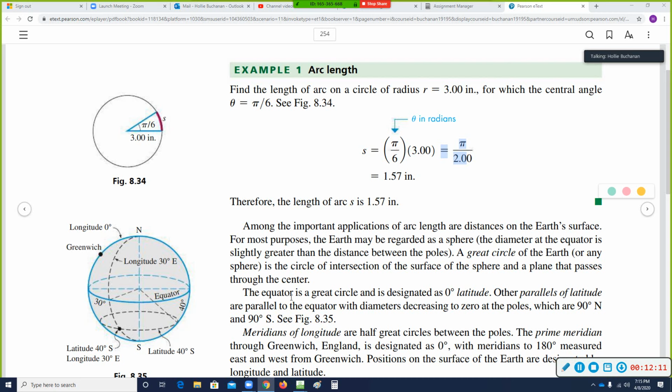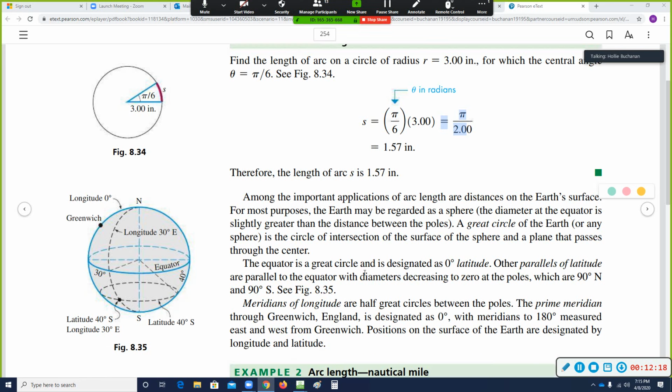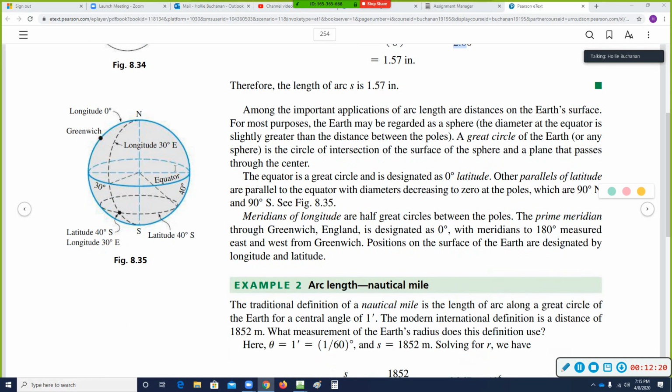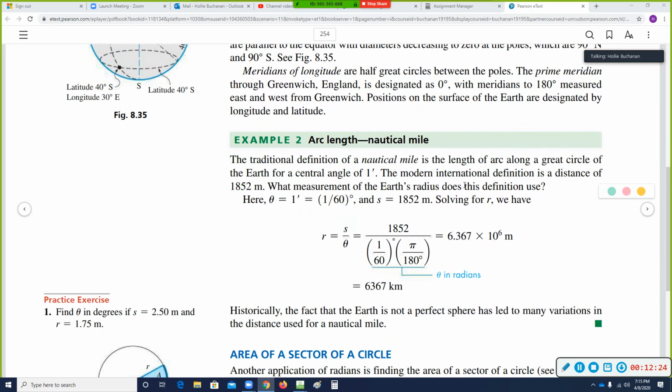Some more examples. The longitude lines on the globe or the equator are great circles, and we could measure arc length around those. A nautical mile is the length of arc along a great circle of the Earth for a central angle of not 1 degree, but 1 minute, 1/60th of a degree.